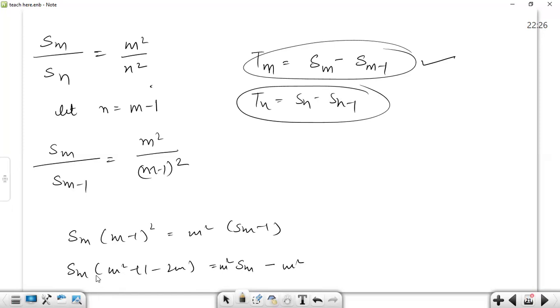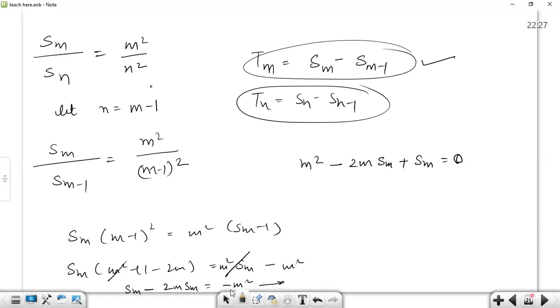This becomes m², S_m will cancel this and this. Okay, so now this will become S_m minus 2m into S_m equals minus m². If we further write it, we can write it like this: m² minus 2m into S_m plus S_m equals 0. This is one equation.